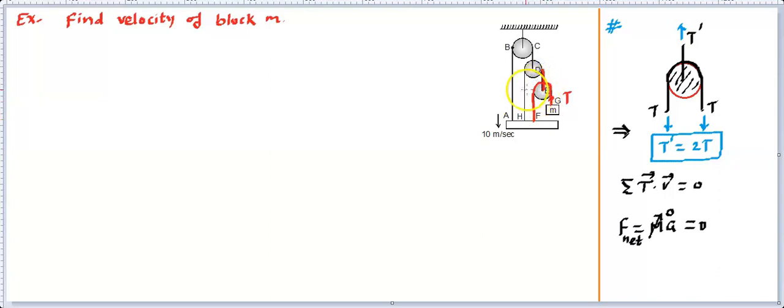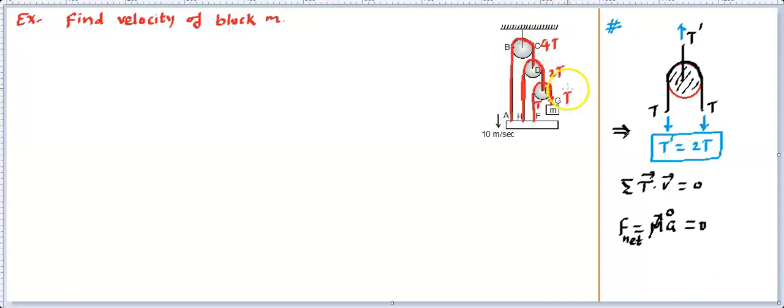Yes, we can think that the tension on that string becomes twice T. So this was T, this also has T, and this will become 2T, because T plus T is 2T. It will also have 2T because this is the same string. So if it has 2T, what will be this? This also gets doubled, that will become 4T. And then this will have 4T up to this point.